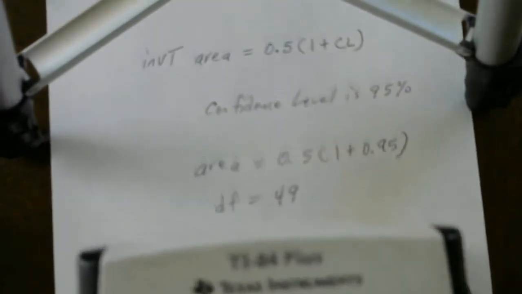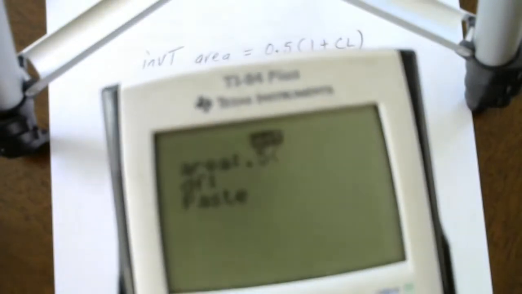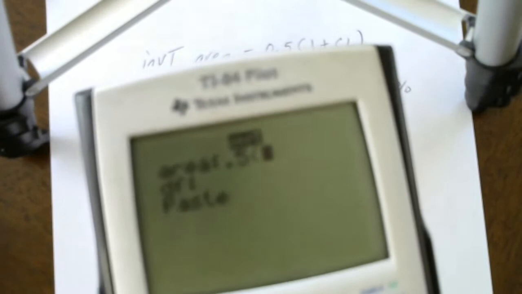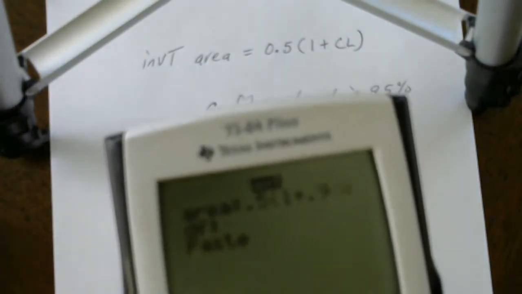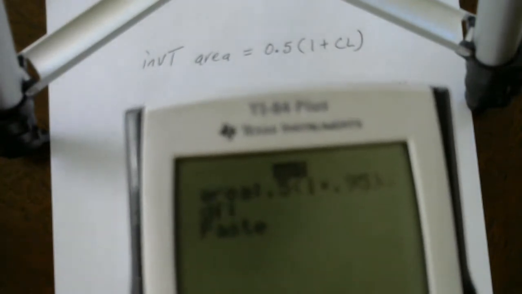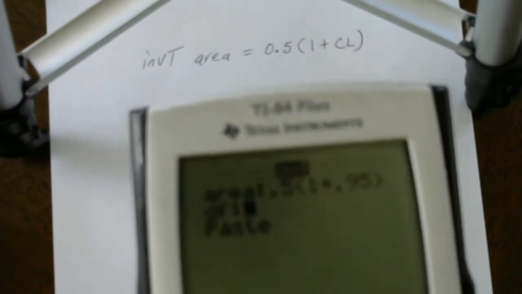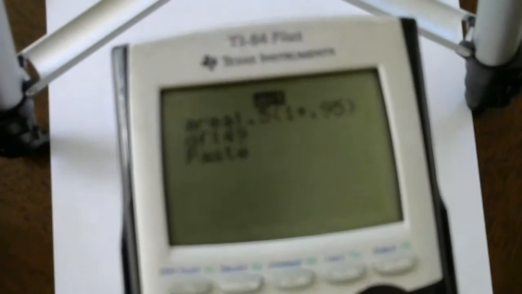All right. So for the area, I'm going to put in 0.5, then a parenthesis, 1 plus 0.95, and close off my parenthesis. The degrees of freedom is 49. I go down to paste, hit enter, and hit enter again.